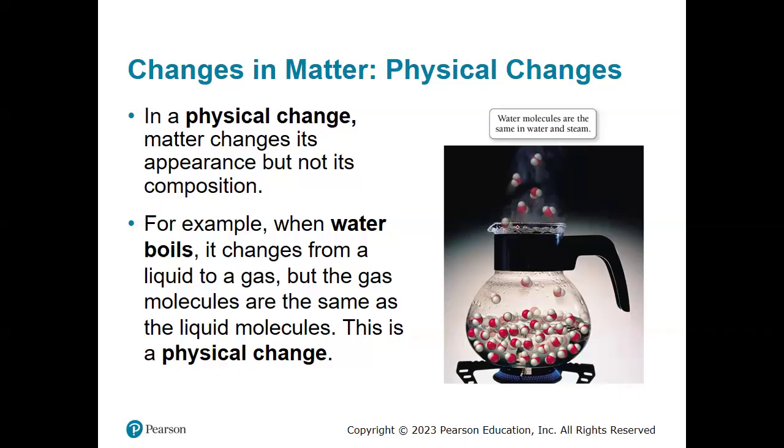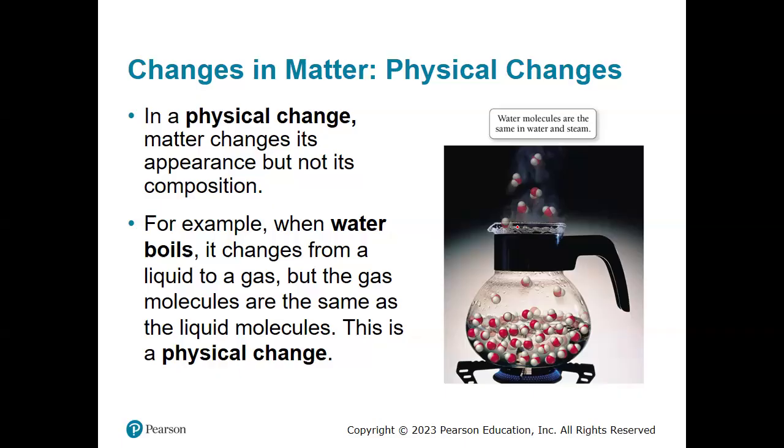All that we've done is we have changed the appearance by adding energy to one of them. By adding energy to the water, we've increased the molecular motion of those water molecules to such a degree that they actually break forth from each other and separate out and take on the properties of a gas. So if you remember from our discussion on Friday, the differences between solids, liquids, and gases.